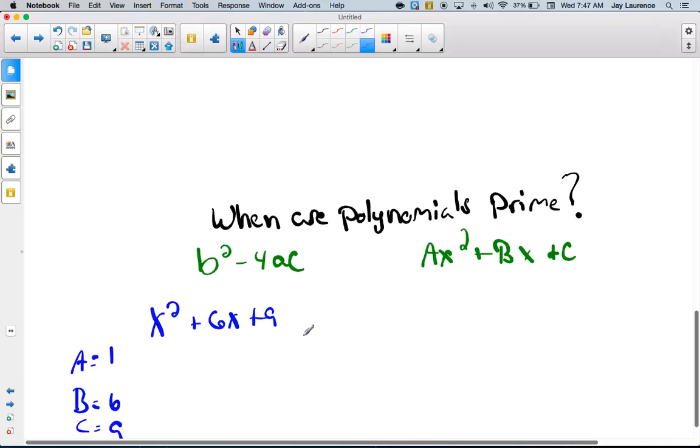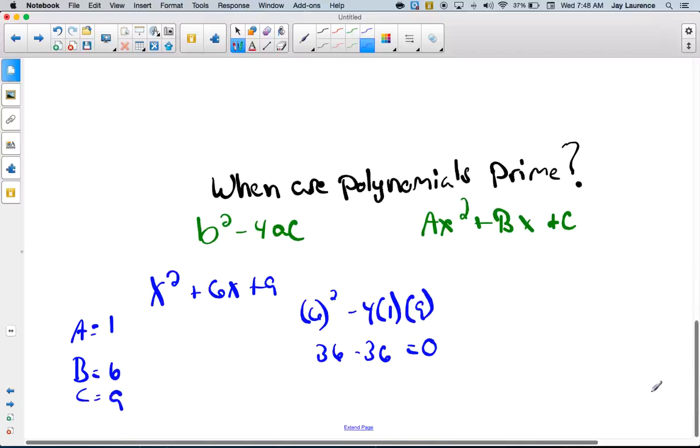Then I'm going to do b squared minus 4 times a times c. That'll be 36 minus 36, which is 0. If b squared minus 4ac equals a perfect square, which 0 is, 0 times 0 is 0, then the expression is factorable. So yes, this one was factorable.